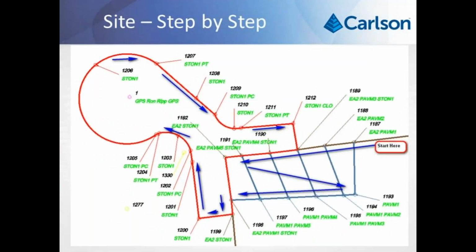And here's more of the information in a little bit bigger detail. So you can see that this was a very roundabout lot of material in here. And the one new improvement that we made in the software since this data was originally gathered was, up around the 1209, 1210, and 1211, we put an arc fit algorithm into the routine to help take that kink out of the PC and the PT areas in there.